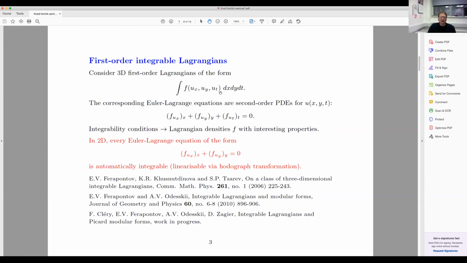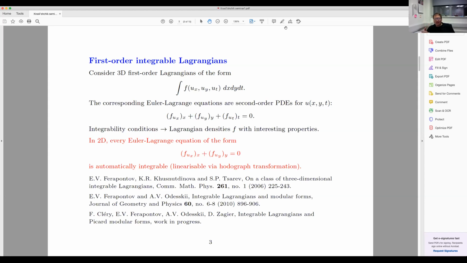And the Lagrangian density is a function of first-order derivatives only. I'm sorry, the function f depends only on these derivatives. It doesn't depend on x, y, t and u itself, just on the derivatives.